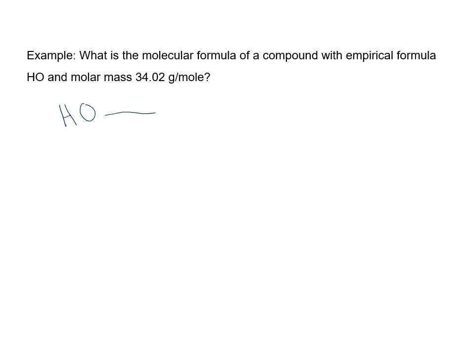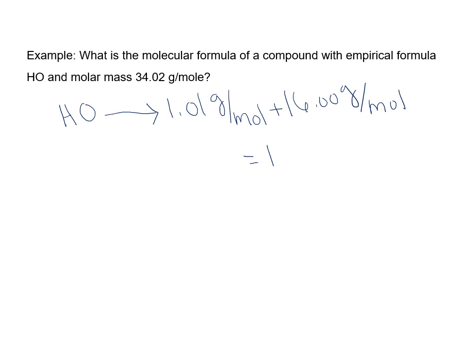So first what we do is find the molar mass of this empirical formula, which is the hydrogen with a molar mass of 1.01 grams per mole plus the oxygen, which is 16.00 grams per mole. Remember, this is the bottom number from the periodic table. So this comes out to 17.01 grams per mole.